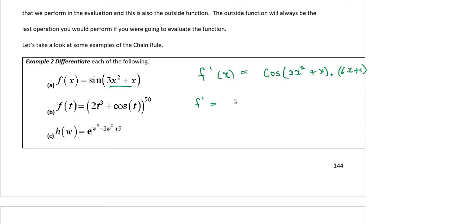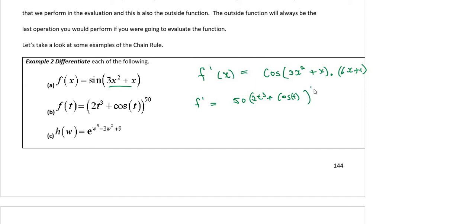So that's going to give me 50 times the brackets as it is. Don't mess there. You leave it intact. It stays as it is, because that's the inside function. We find the derivative of the inside function after we've done the outside function first.